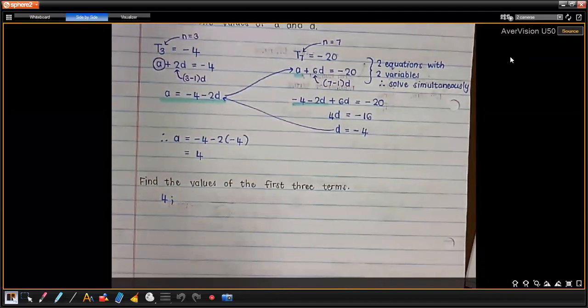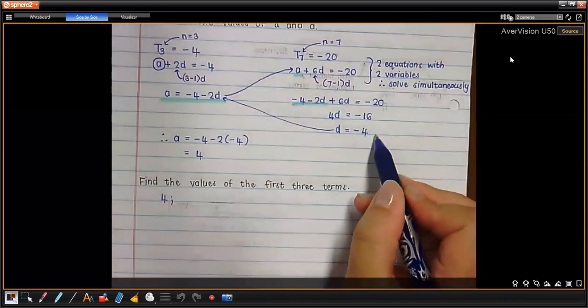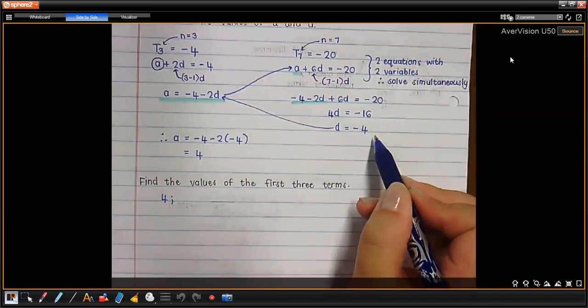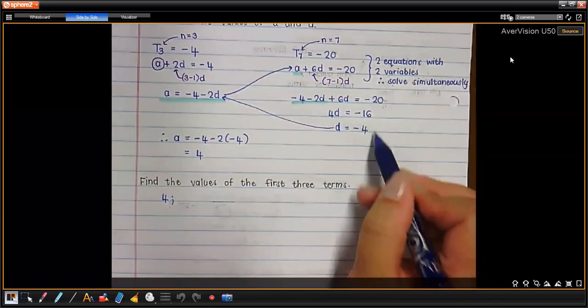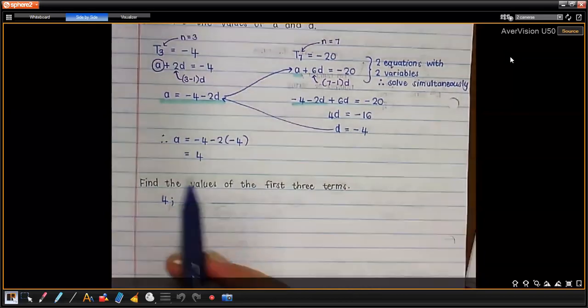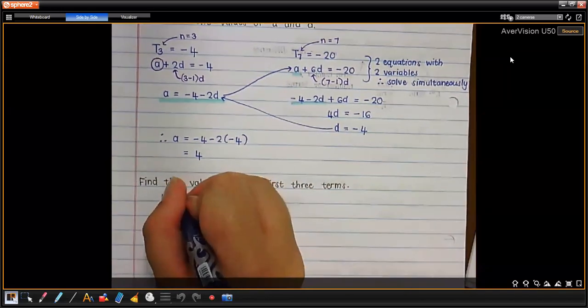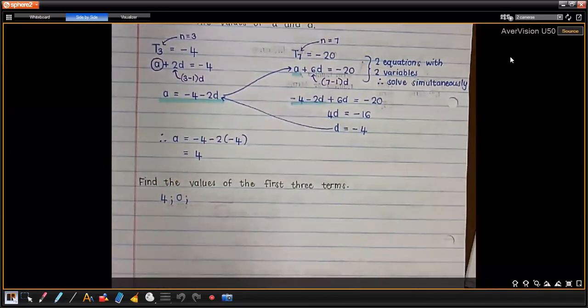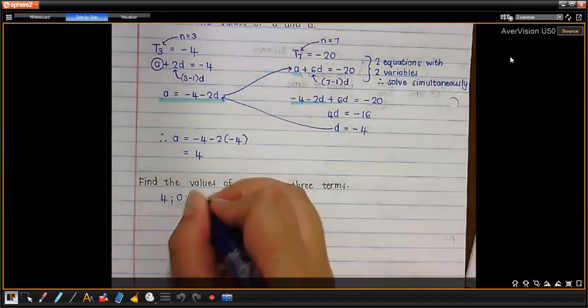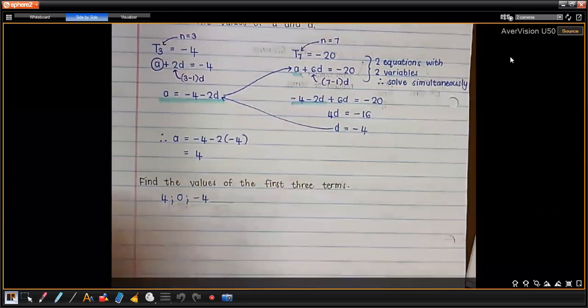We have our constant difference. It's negative 4, meaning that to get from one term to the next, we have to subtract 4. So 4 minus 4 is 0. So that is the next term. Then we'll do the same thing to get to the third term. What's 0 minus 4? Negative 4, yes. And those are the first 3 terms.